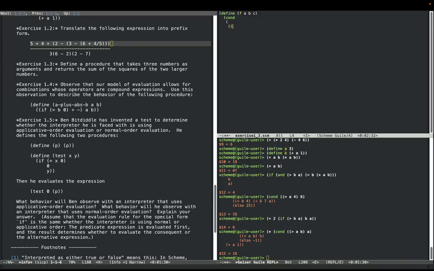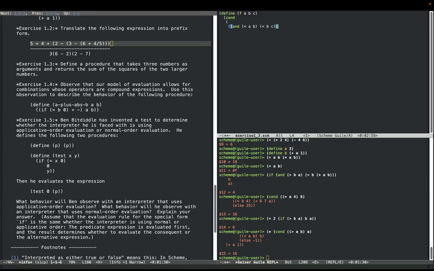This is the first predicate of the pair. So if A is smaller than B and B is smaller than C, then we know that A and B are the smallest.